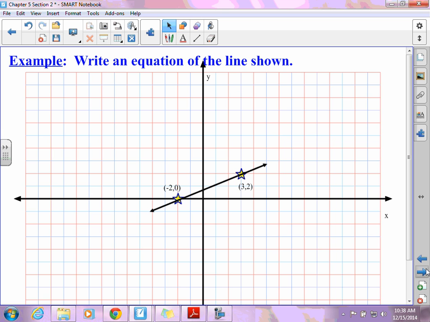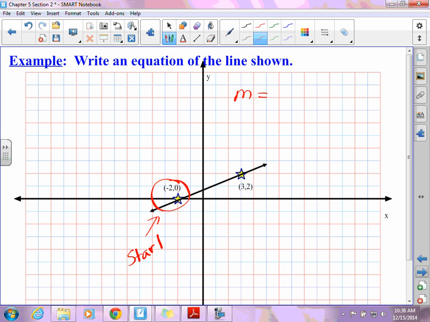M equals, and because they gave me a graph, I can count, right? I'm going to start with -2, 0, because it's the first point I come to from left to right. So if I go from -2, 0, I move up 2, so it's going to be 2 over, and I'm going to move to the right 1, 2, 3, 4, 5.